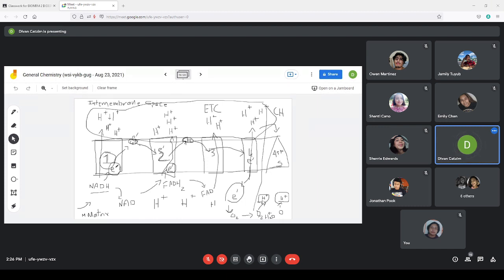As seen in this particular section here. Hydrogen ions are bonded up with oxygen, forming water, which then serves as the final electron acceptor.